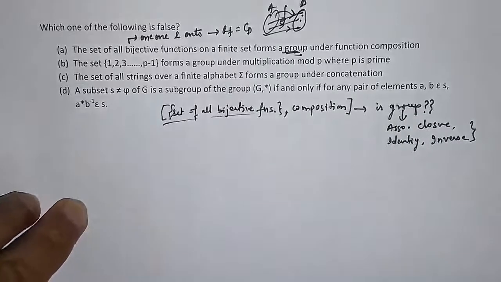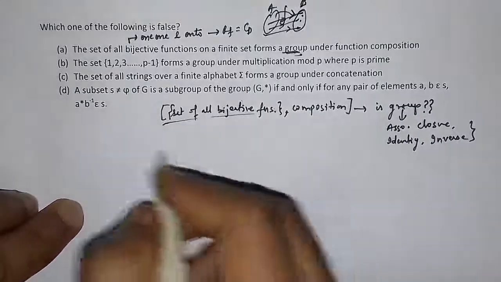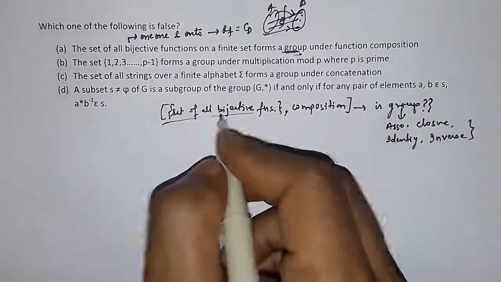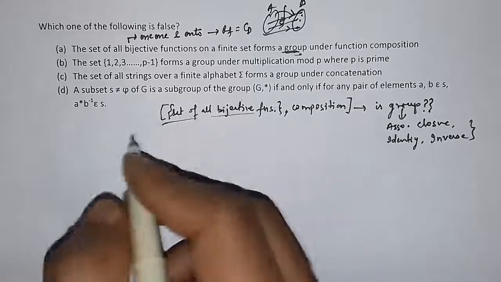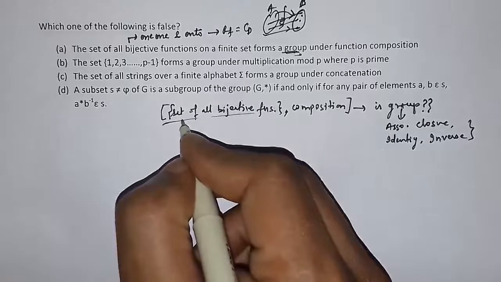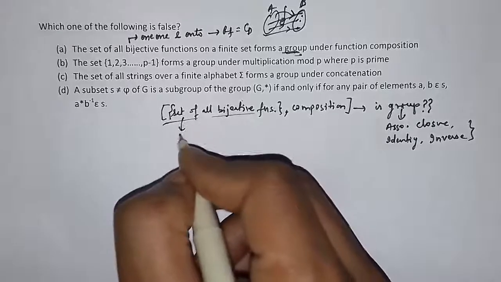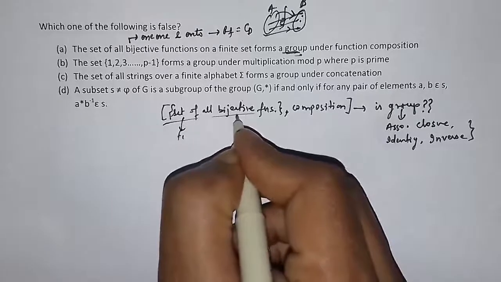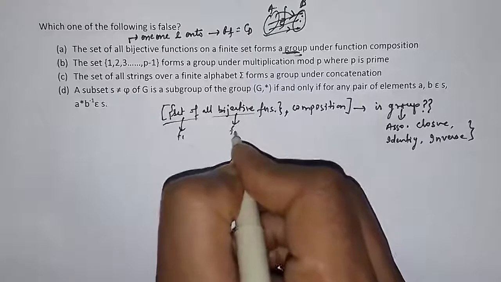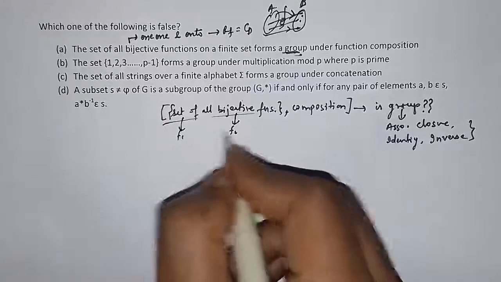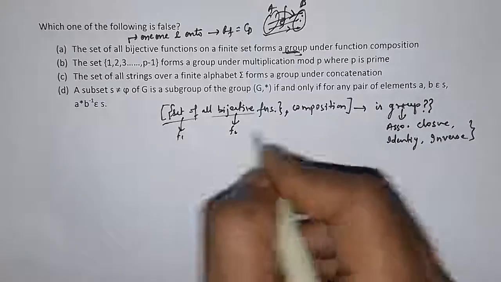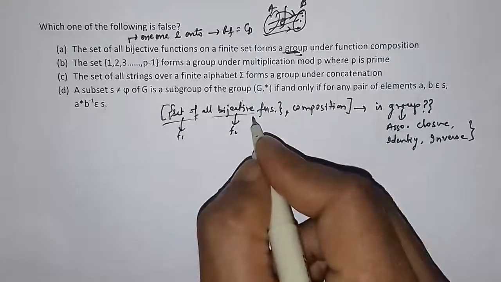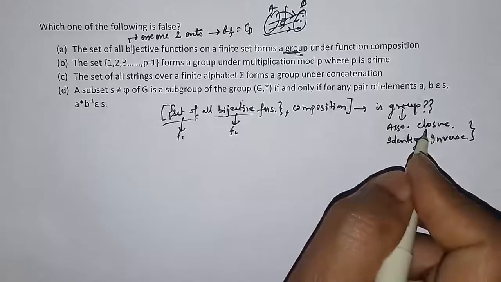Now we will check one by one. Suppose this set contains all the functions. We are taking two functions f1 and f2. From this set we will apply composition operator on these two functions. If we get a function which belongs to this set, then closure property will be satisfied.